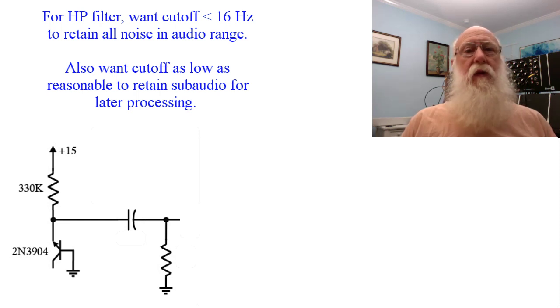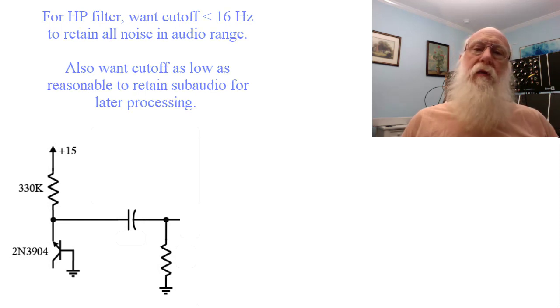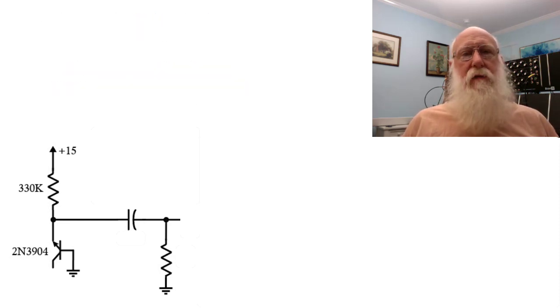So we need to retain the sub-audio components, at least within reason. The problem with making the cutoff frequency very small is that in order to keep the resistor to a reasonable value, say in the low megohm range, we would have to put in a really huge capacitor. Now, I mean huge in terms of physical size as well as capacitance, and they also get expensive.